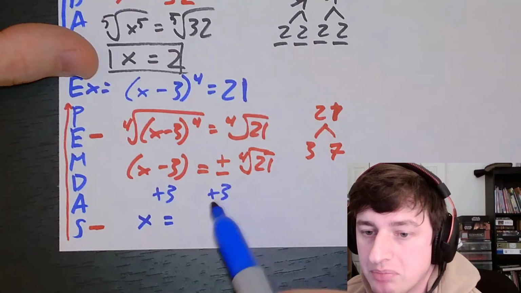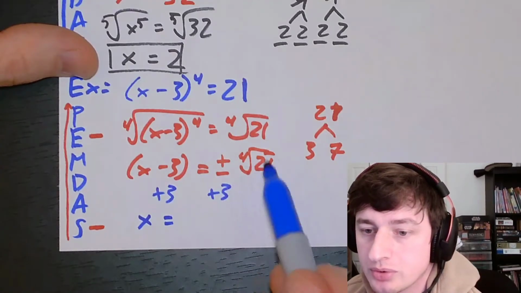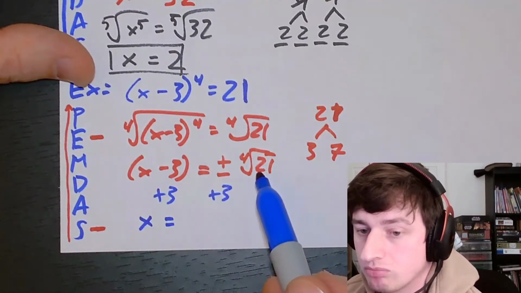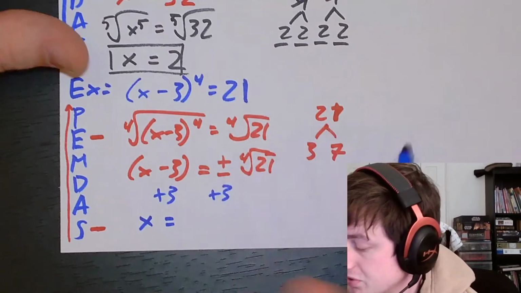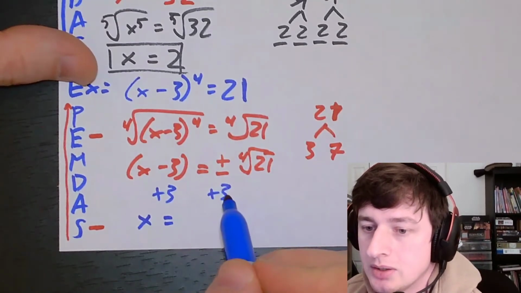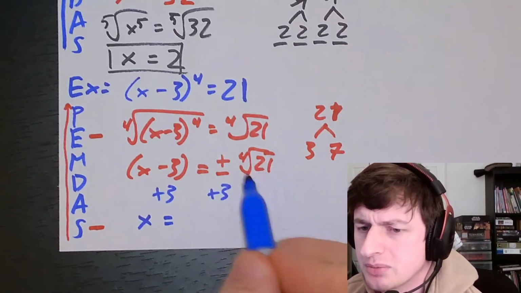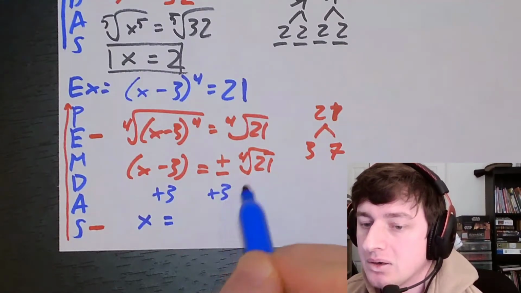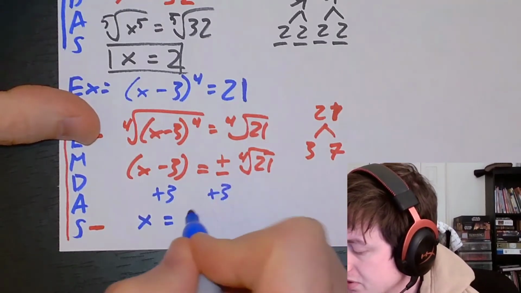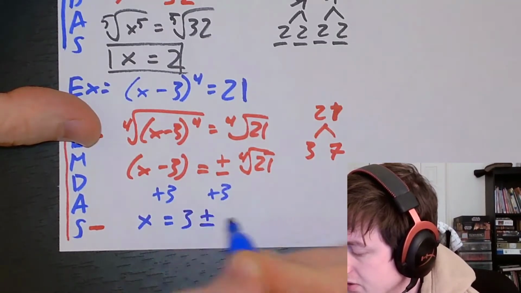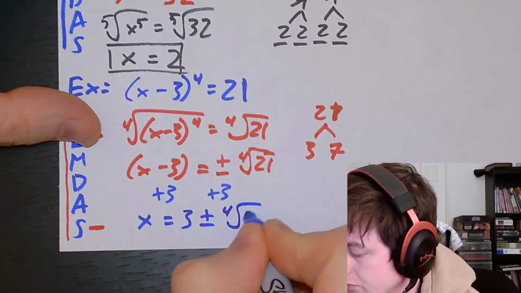So we're not going to combine these numbers. We're not going to get the 4th root of 24. No. It's just going to go in front of the plus or minus. This is like when we had complex numbers with an i, imaginary number. There's not an imaginary number in this problem, but it's going to look like one. It's going to have a plus or minus in the middle. So 3 plus or minus the 4th root of 21.